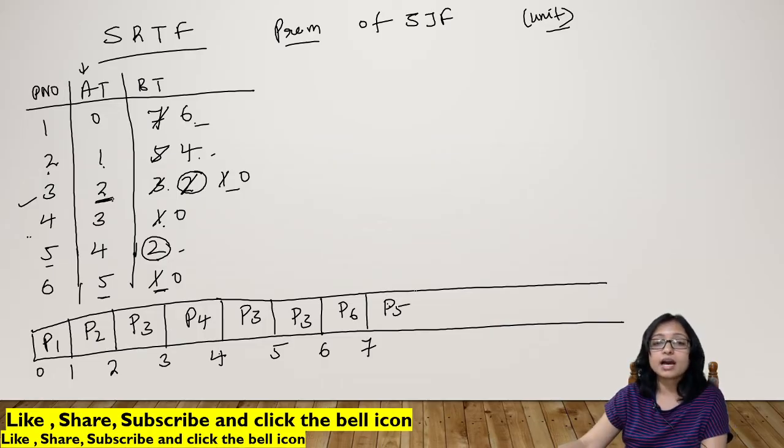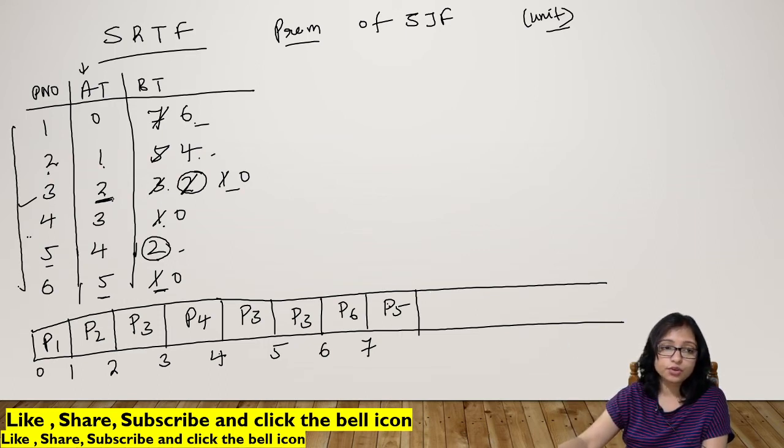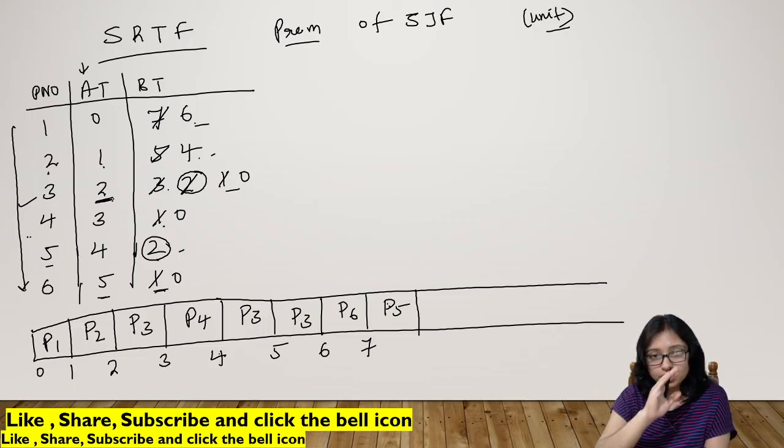And now you can directly execute till 9, because whatever process queue was there, everyone already got the chance for the first time. Now you can do it directly because ultimately this will complete. If you see, it is 2 remaining, it is 4, it is 6.